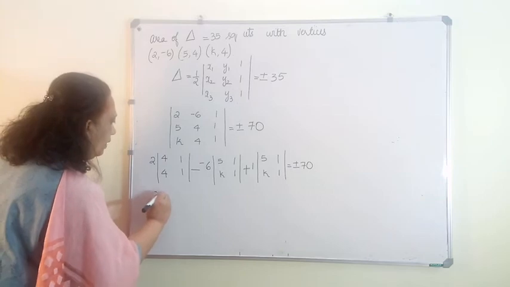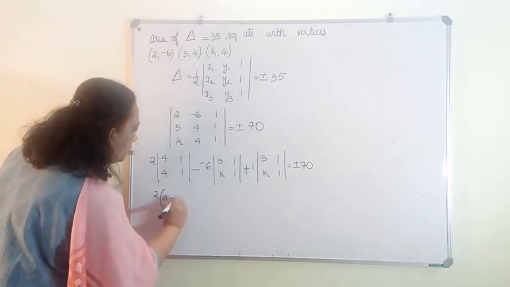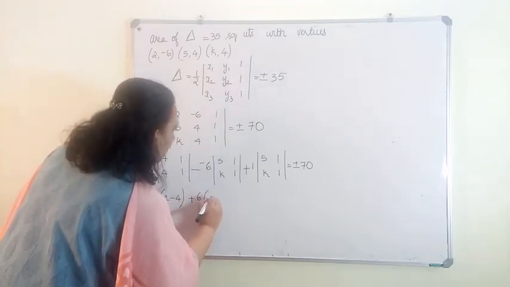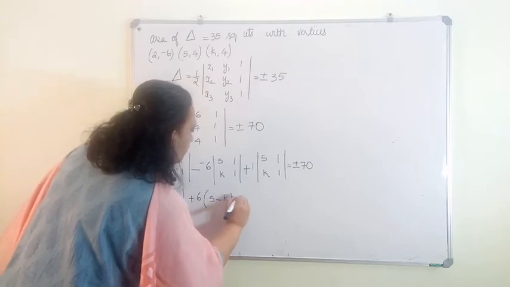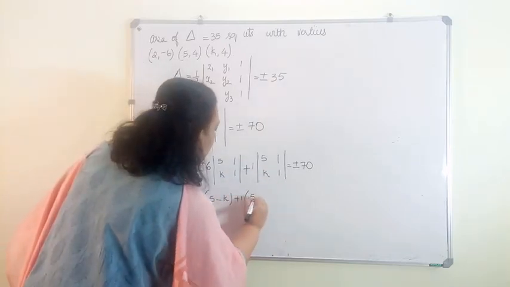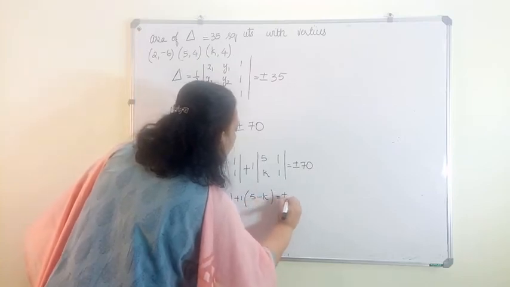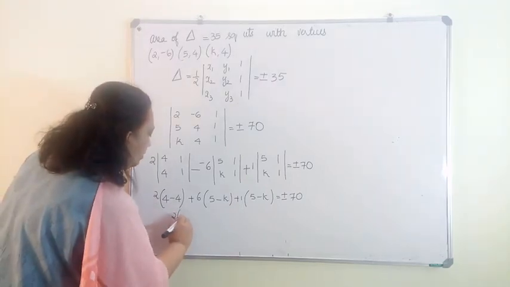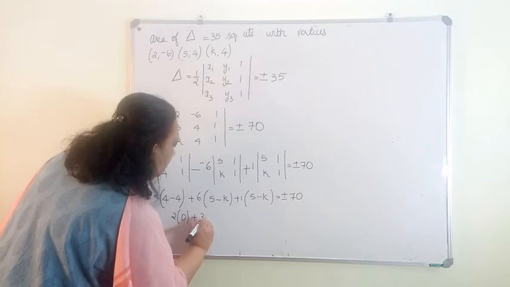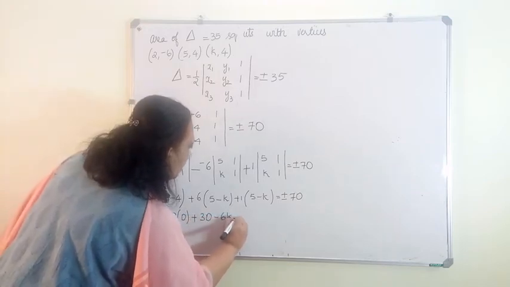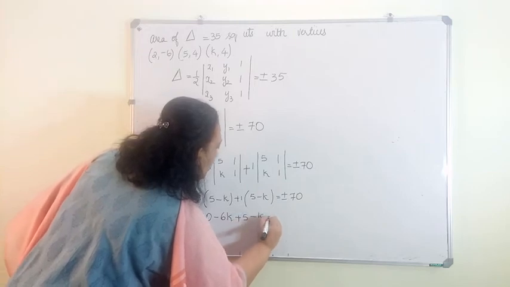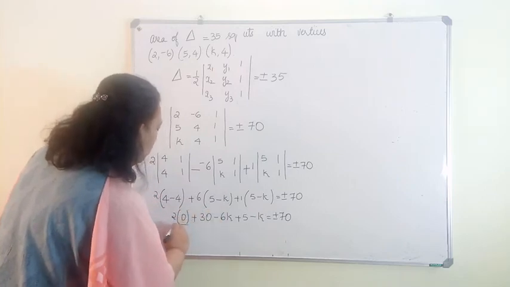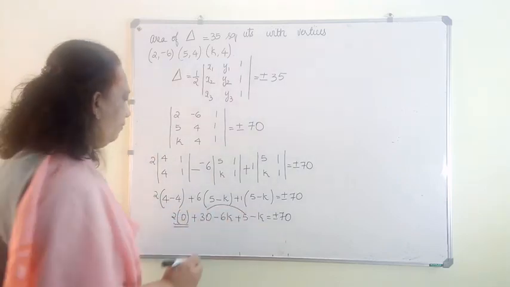Or 2 into 4 minus 4, minus of minus, plus 6 into 5 minus k, plus 1 into 5 minus k is equal to plus or minus 70. 4 minus 4 is 0. 2 into 0, plus 6 into 5, 30, minus 6k, plus 5 minus k equal to plus or minus 70. 30 plus 5 is 35.